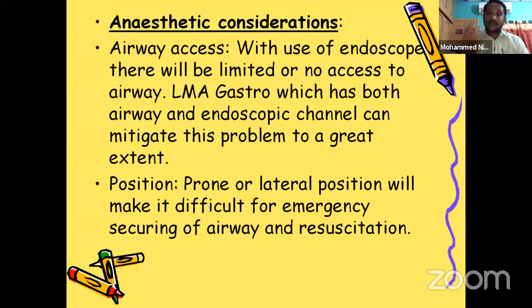Then it will take time to put the patient supine and secure his airway. This problem can be solved with LMA Gastro, which has both an airway and an endoscopic channel. With respect to position, prone or lateral position will make emergency securing of the airway and resuscitation difficult, as I already told.